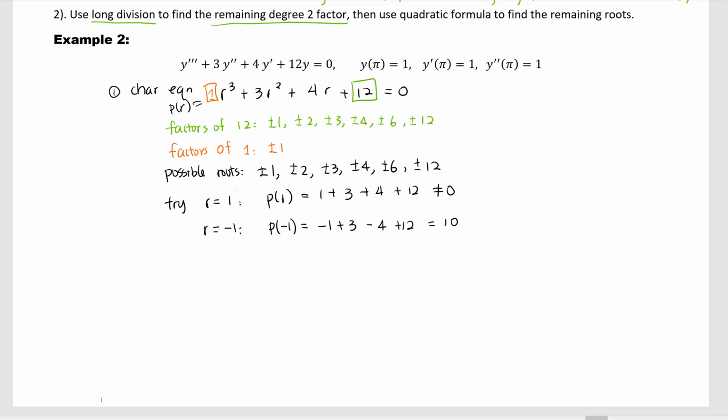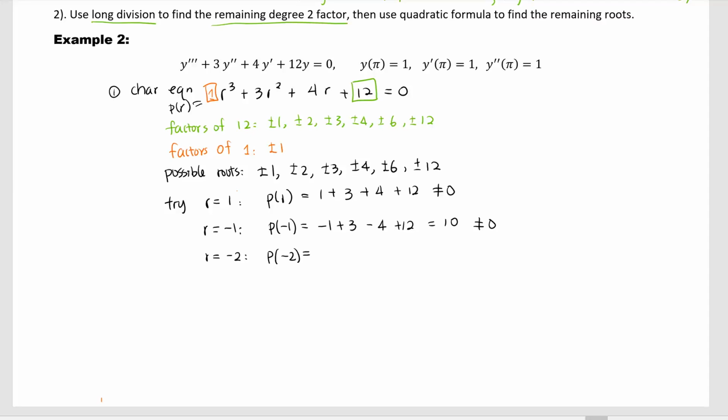So 10 is not 0, so minus 1 is also not a root. And then we try negative 2. Why don't we try 2? Because all the coefficients are positive, when you plug in any positive number, your answer is going to be positive. It won't be 0. So the roots must be negative numbers.